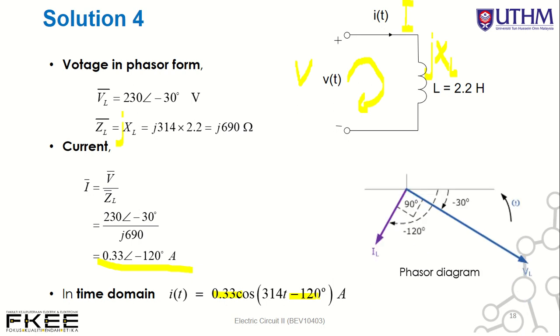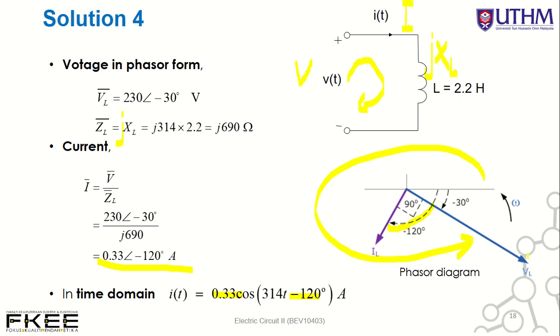Then you can draw the phasor diagram from the voltage and current. In this case, voltage equals 230 angle minus 30 degrees. This is the position. And then I_L equals 0.33 angle minus 120 degrees. So we can see that the difference in angle between voltage and current equals 90 degrees.